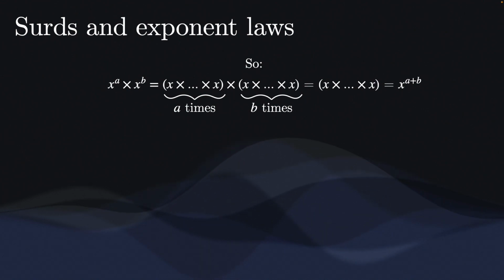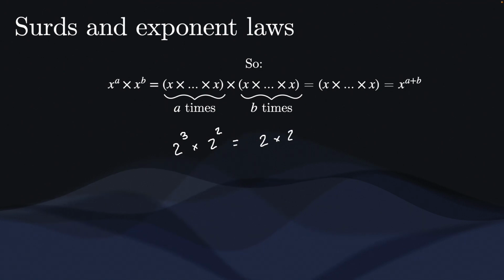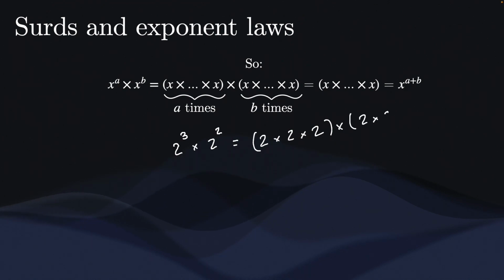Let's do a little example real quick just to show this. If we have 2 to the 3 times 2 to the 2, we have 2 times 2 times 2, that's what 2 to the 3 is, and then times 2 times 2. What's noticeable here?